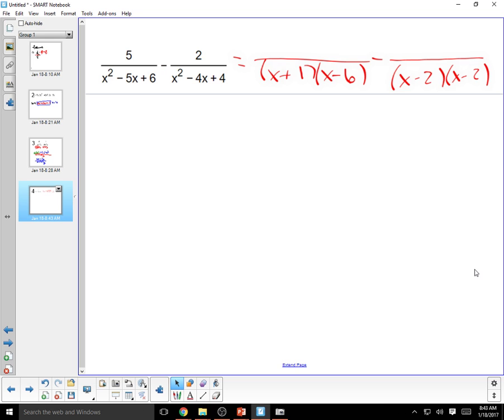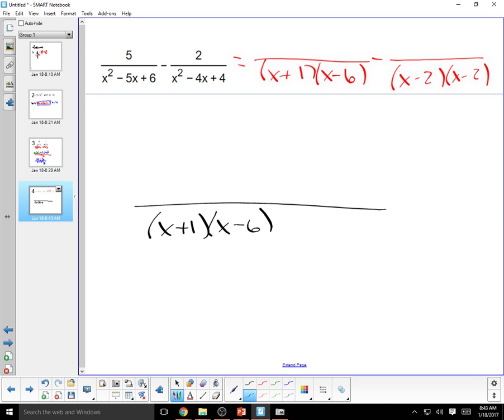So that means the denominator is going to be, oh, I don't need all of them, do I? What do I need? Yeah, I do. I need all of them. X plus 1, x minus 6, and x minus 2 squared. That's my denominator. It's all of them.